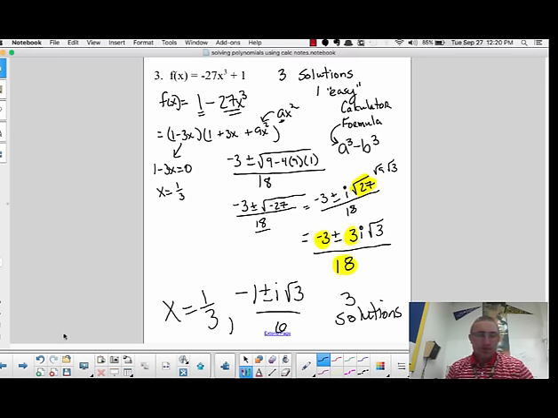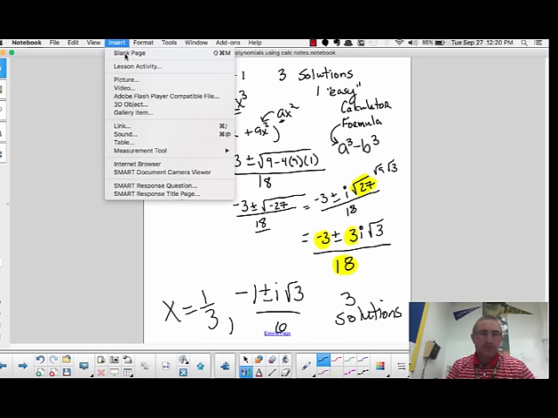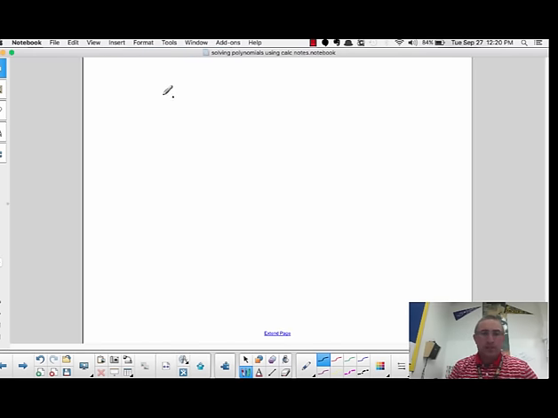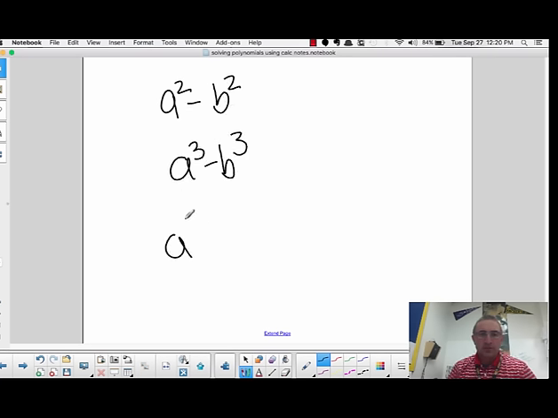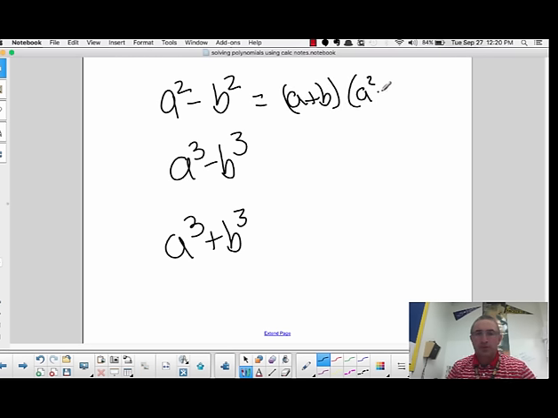Okay? So one thing to remember in terms of formulas, you got a difference of squares, difference of cubes, or a sum of cubes. Right? And let me just recap these formulas for you. Start over.